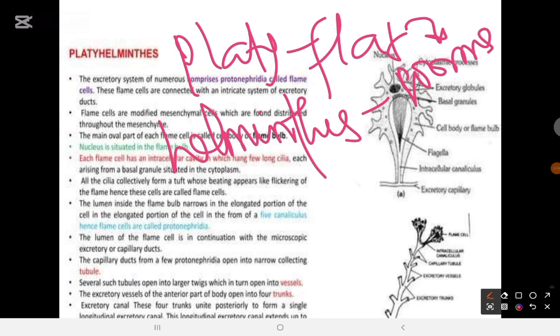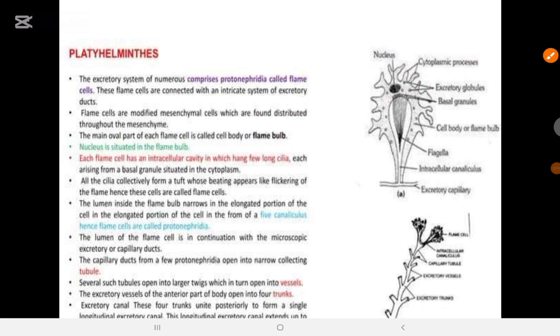They are more advanced because one of the key differences is that they are triploblastic.